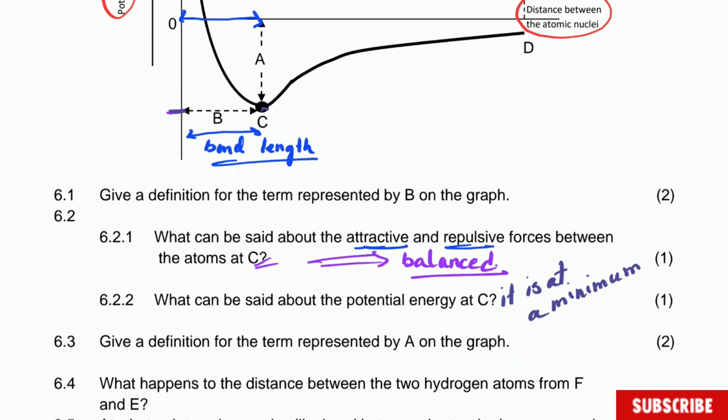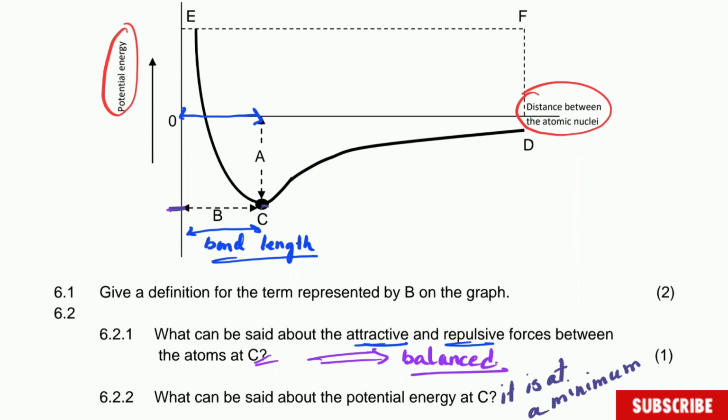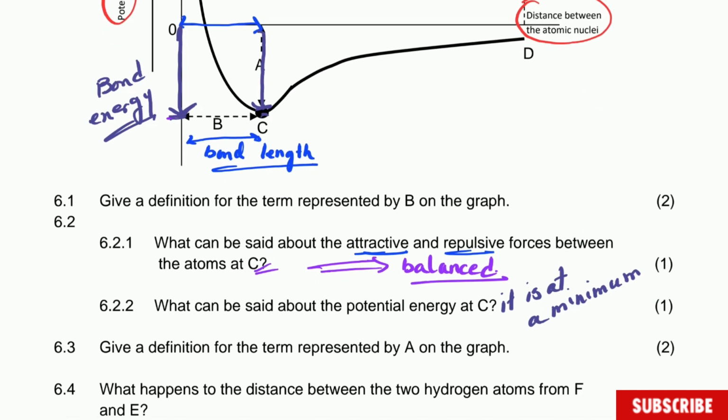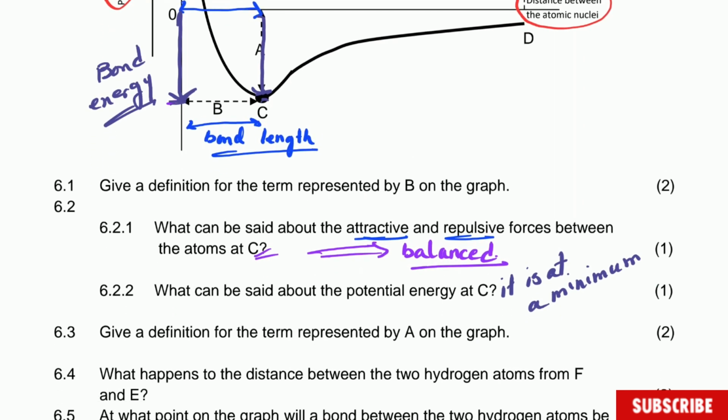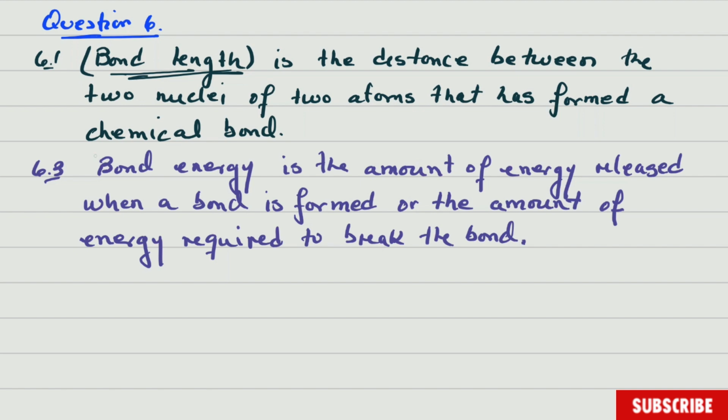Give a definition for the term represented by A, and you can see A here is coming from the y-axis, guys. It is this distance here, and that one will be the bond energy. We are going to write the definition of bond energy real fast. So what is bond energy?